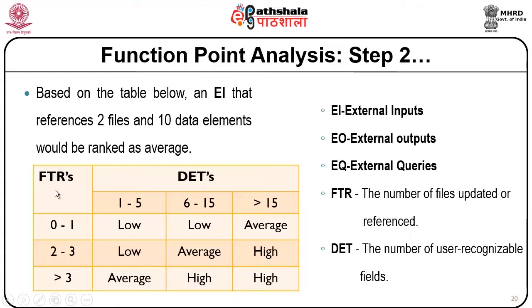If the number of files updated or referenced is greater than 3 and the number of user recognizable fields is from 6 to 15 or greater than 15, it is ranked high.